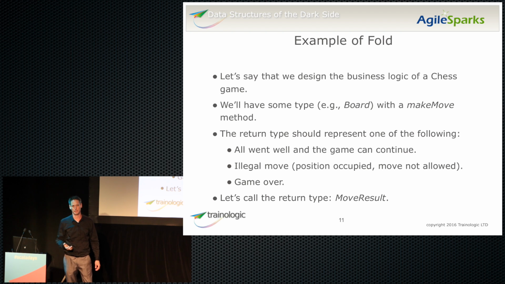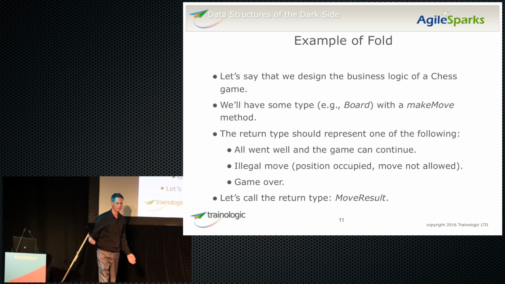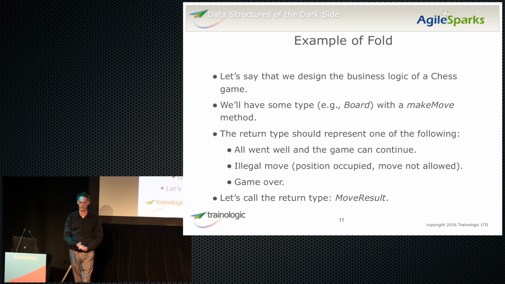Let's say that you have to design a game of chess, the business logic only. So you'll have something like a board class, which represents the current board. And you will want to be able to provide a move function, make move or something like that. And what may it return? It may return either a successful move and the next board or something like that. This is the first option, all went well. You may have specified an illegal move.